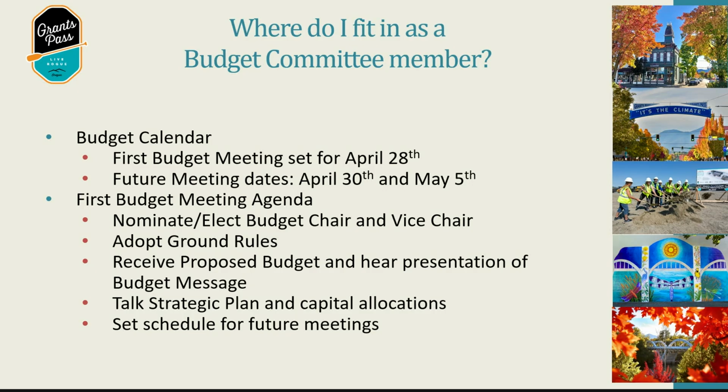You'll receive the proposed budget and hear presentations of the budget message. Then we'll talk strategic plan and capital allocations, and we'll set schedules for future meetings, and that consists of your first meeting. Subsequent meetings after that, you're going to dive into specific departments and divisions and the proposed budgets associated with the policies that council have put forward.